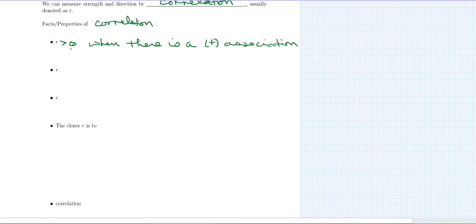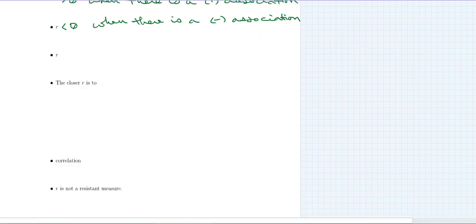So this means that we can also think about a positive correlation. And just using our own inference skills, R is negative when there is a negative association. We'll only mention the most important facts and properties.